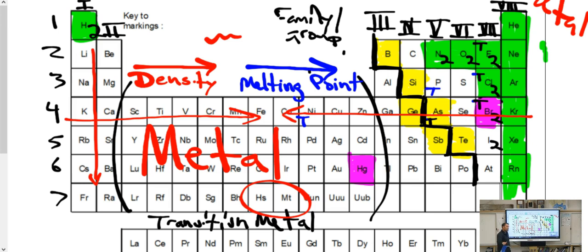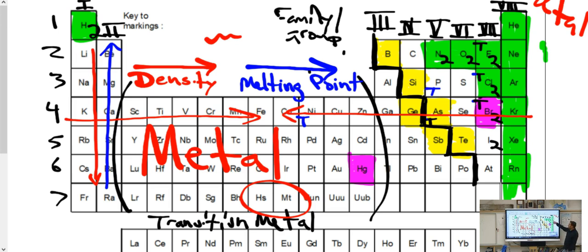All right, this one's pretty annoying because depending on which side of the periodic table you are, it's different. So make sure that you're careful with this one. So melting point is the blue line. In metals, melting point increases as you go up. Put that one. All right, then this is why it's not very fun.